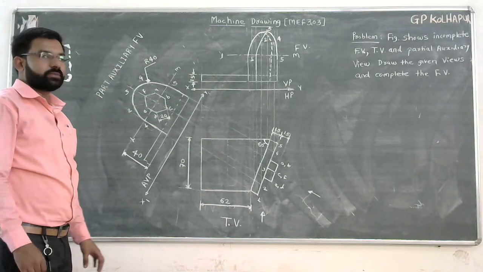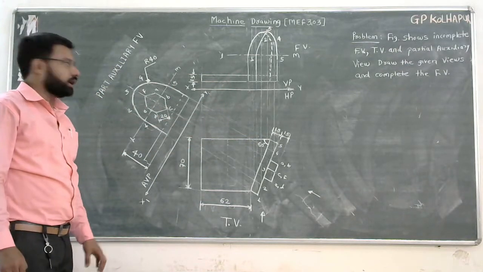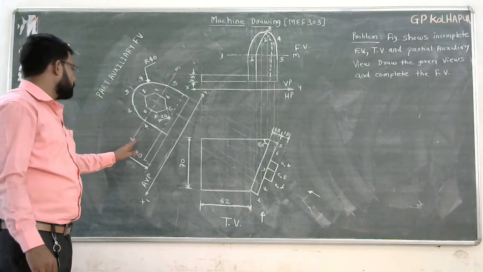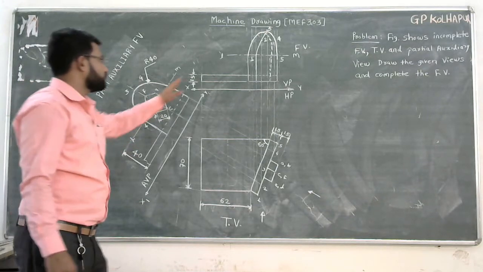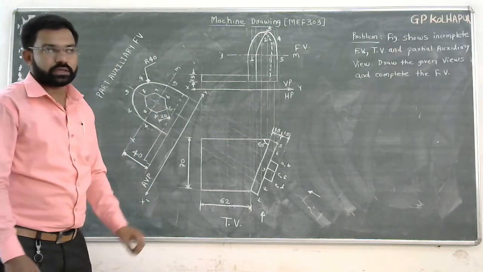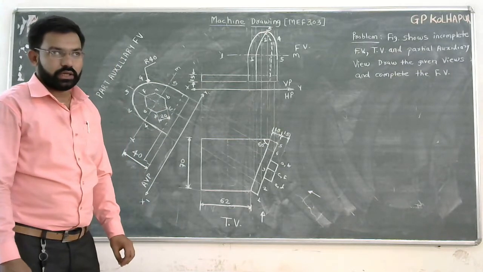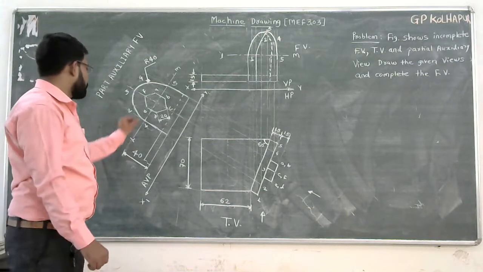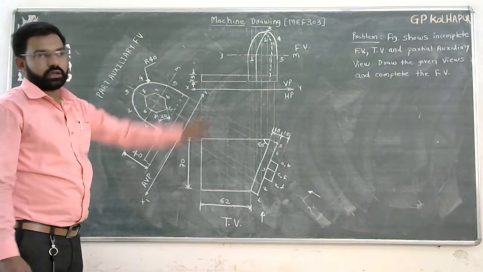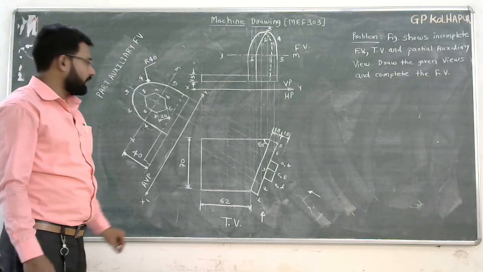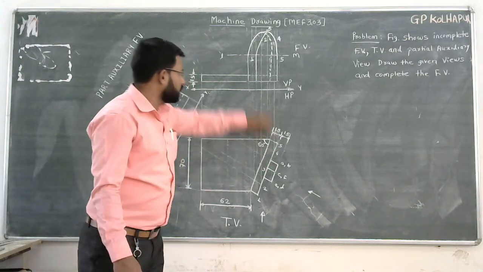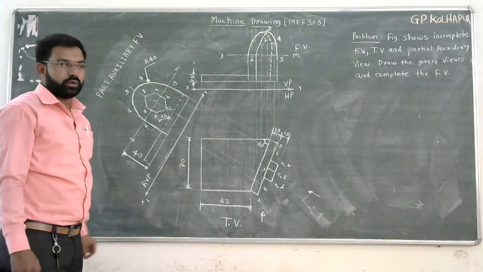To locate these points A, B, C, D, E, F, you have to locate the symmetric axis LM. From LM, I will transfer the distances of points A, B, C, D, E, F. So I have located the axis LM and I have drawn all the projectors from point A to F.